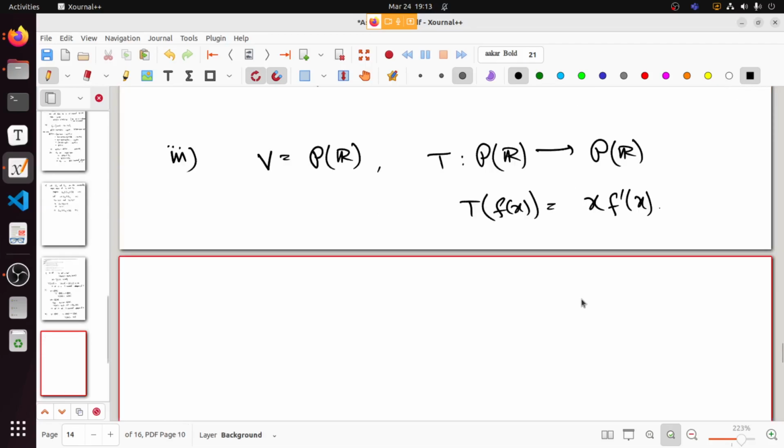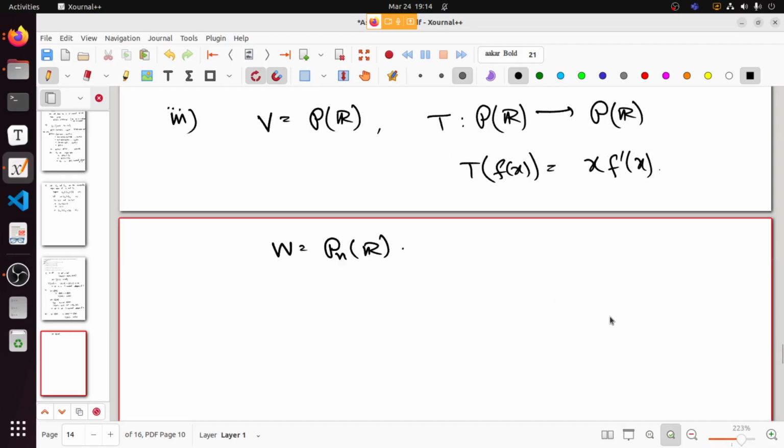Let W be Pn of R. We will show that W is an invariant subspace of T. So you have to take a general polynomial and apply T. You have to show that it again lands in W.